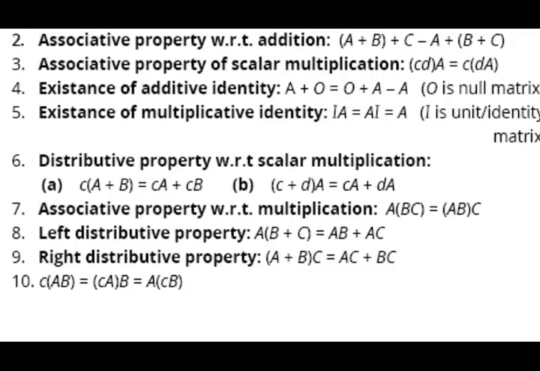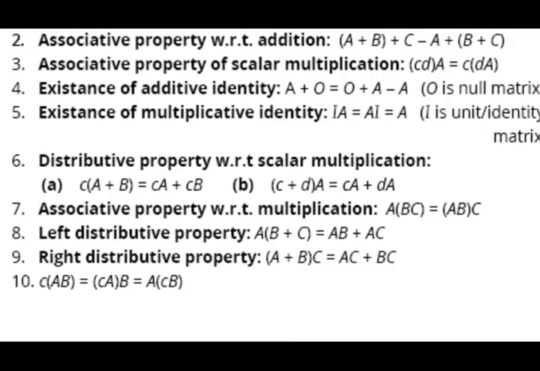is also satisfied. Associative property with respect to multiplication: in this order we multiply 3 matrices, it gives the same answer. Left distributive property: if we multiply B plus C from the left side with A, it is equal to the product AB plus the product AC.